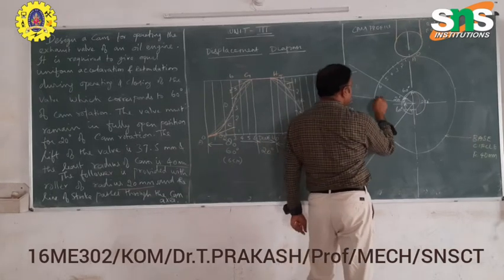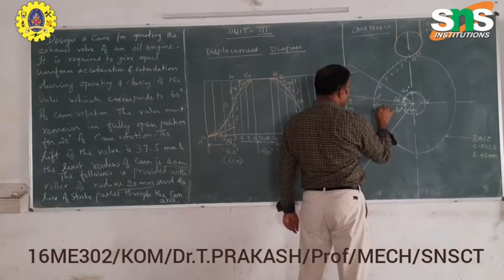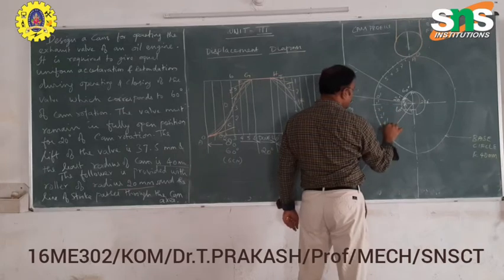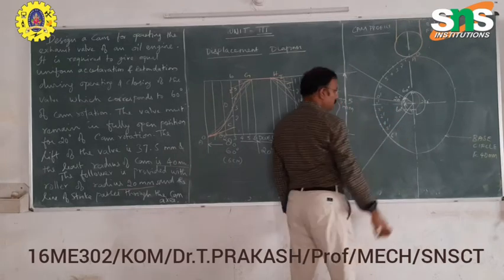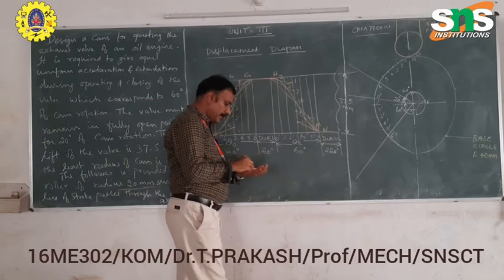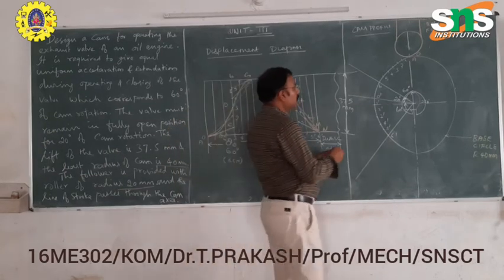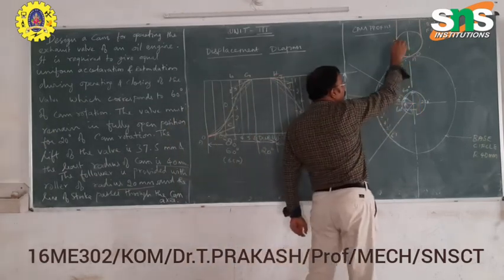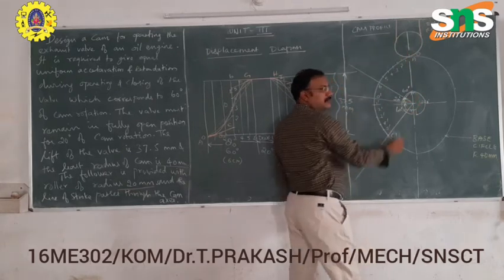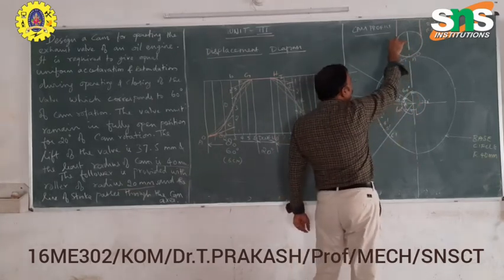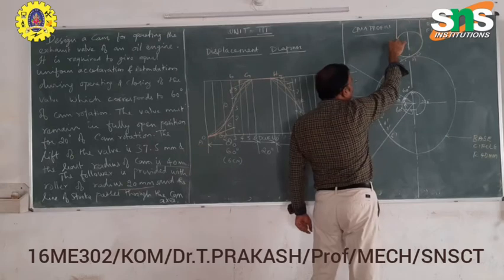And you mark the points 0 dash, 1 dash, 2 dash, 3 dash, 4 dash, 5 dash and 6 dash. And you join all the points to the midpoint of the cam. You will project the line also.